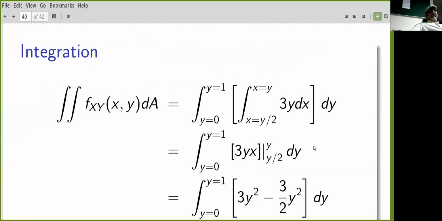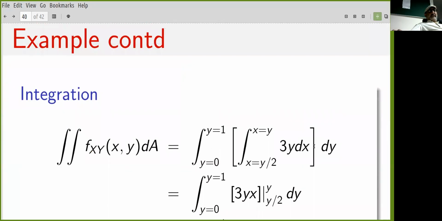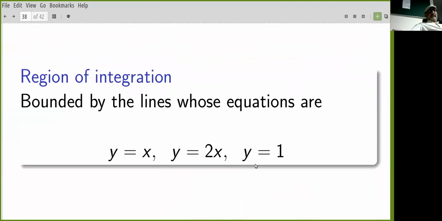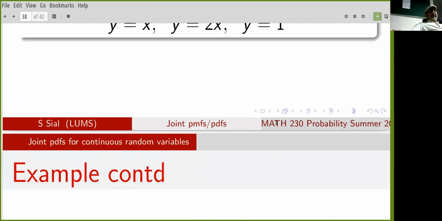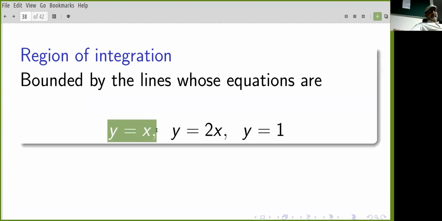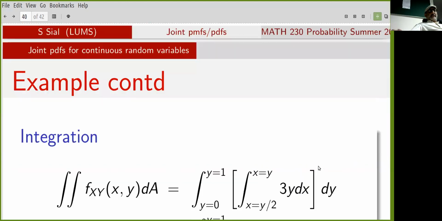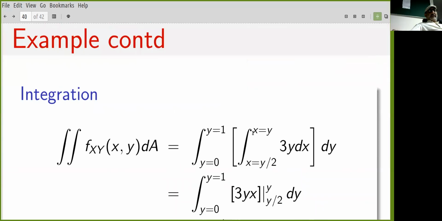Okay. Right. So if you do the x integral, you can integrate from x is equal to y over 2 to x is equal to y. So that's here, x is equal to y.